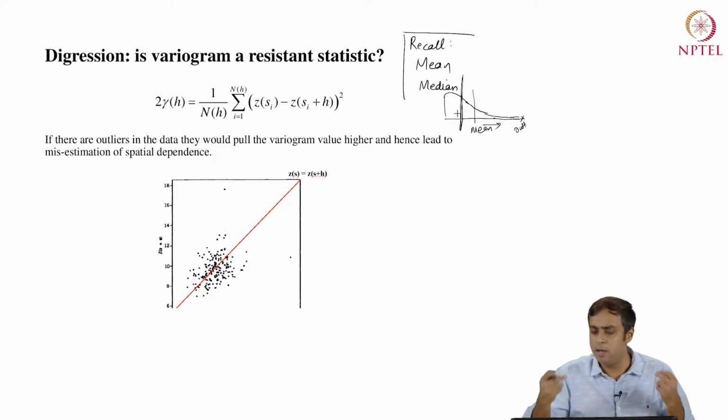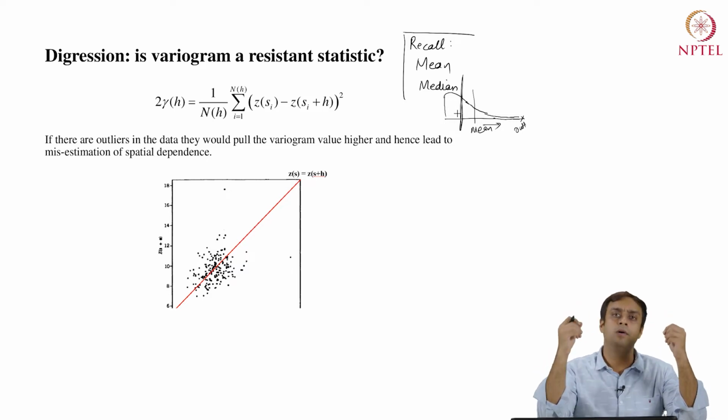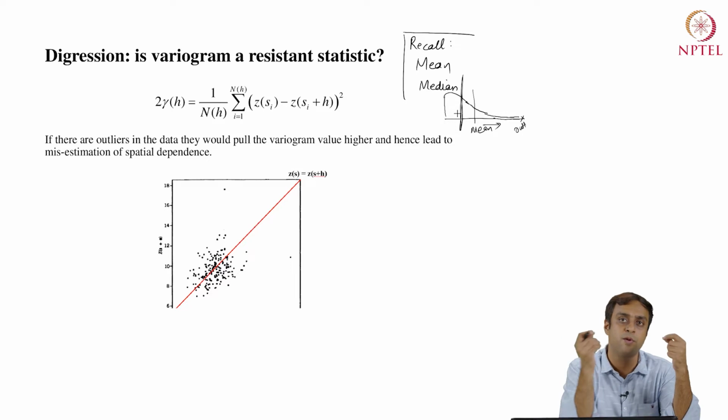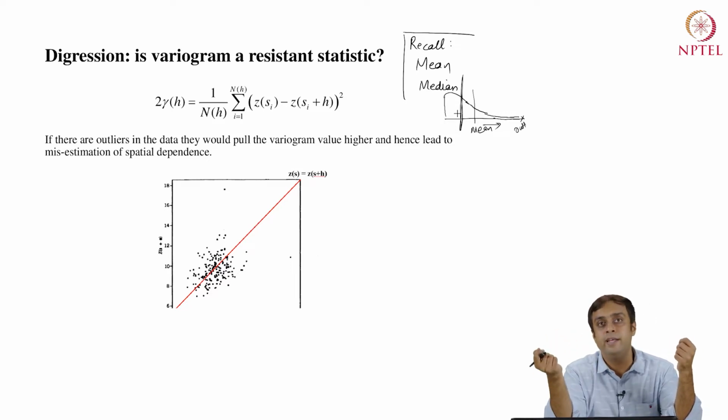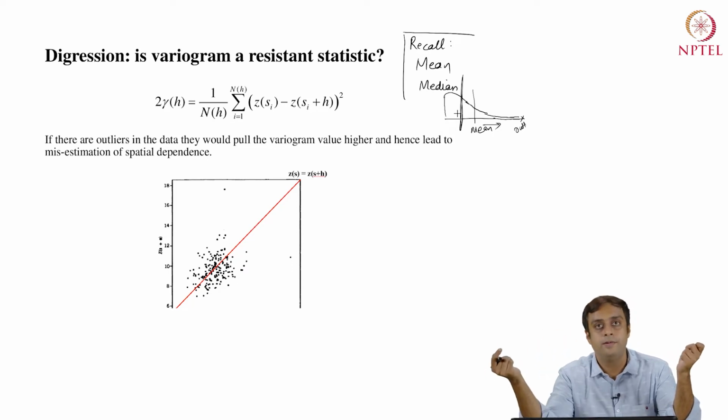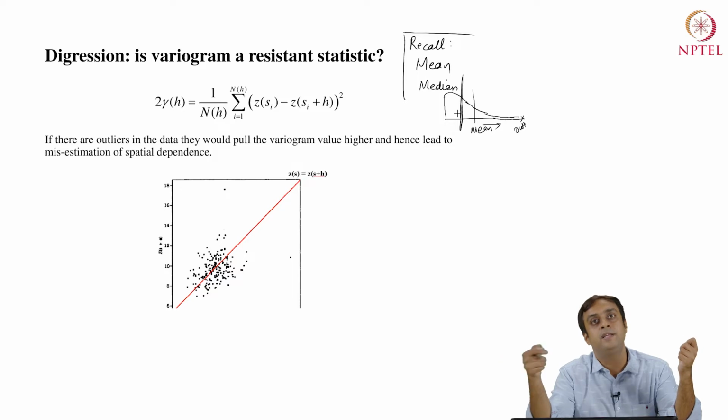To get an example, you can simply take a sequence of numbers from 1 to 10, calculate its mean and calculate its median. Now, to this sequence add a number 100, again calculate its mean and calculate its median.